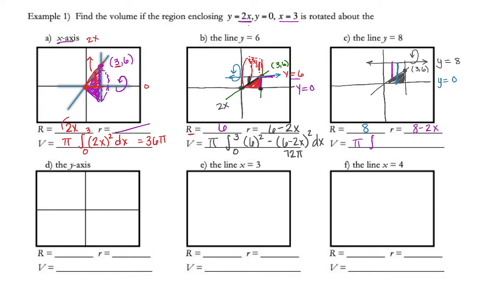Again, we're parallel with the x-axis, so use your x coordinates, so 0 to 3. And then we're going to have our big R squared minus the little r squared. And again, if you finish that out, you should have 108 pi.